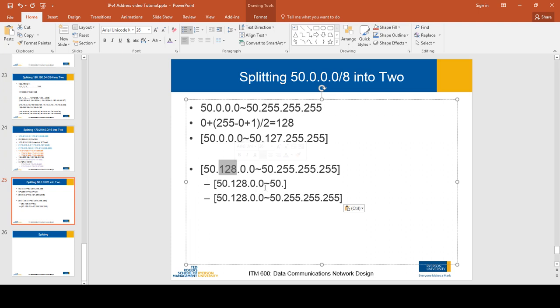So 128 plus 64 gives you 192. So the start of the second half would be 192. The end of the second half is of course the end of the original block. Now we can find the end of the first half as one address before this address, which is 191.255.255.